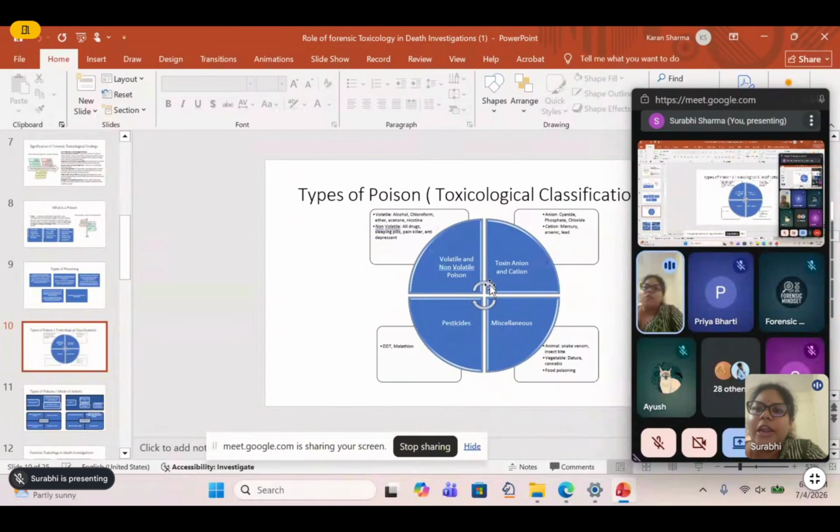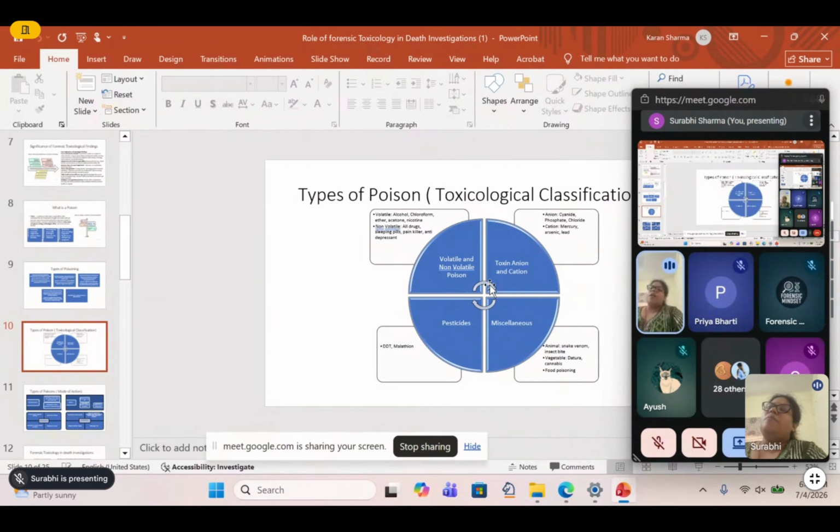Then we have non-volatile poisons, in which we have all the other drugs, in which we can have sleeping pills, painkillers, antidepressants. And yes, these medicines which are prescribed in day-to-day life to many people act as poisons if taken regularly, if taken in excess, or if taken continuously.